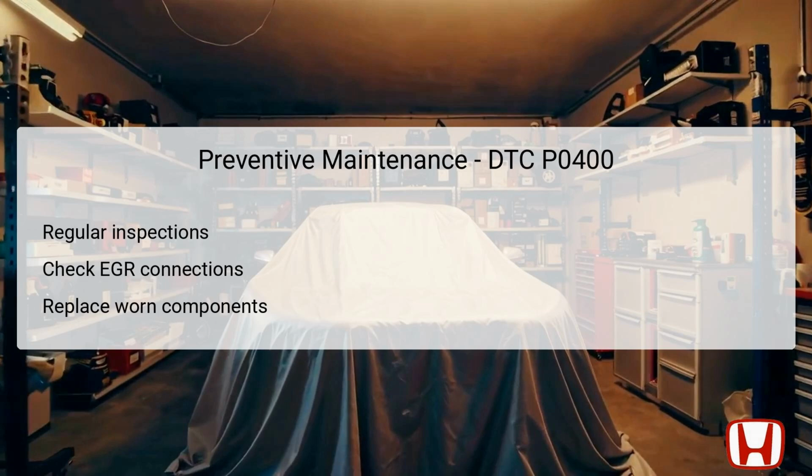Components that show signs of fatigue or fail to perform should be replaced promptly to avoid triggering DTC codes. Implementing these measures as part of routine maintenance can significantly extend the lifespan of the EGR system, while simultaneously promoting better engine performance and emission control.